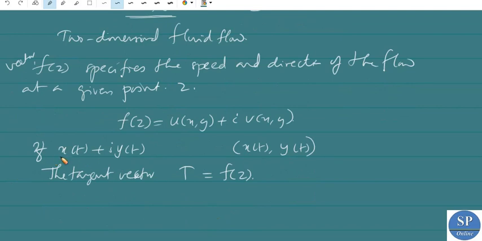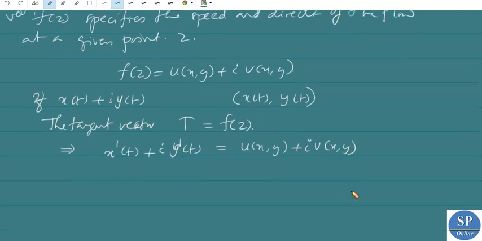Now if x of t plus iy of t is a parametric representation of the path of a particle in that flow, then we can write T, the tangent vector, as x dash t plus iy dash t, that is dx by dt plus i into dy by dt, equal to f of z. f of z is nothing but u of xy plus i into v of xy, right? So we can write like this.